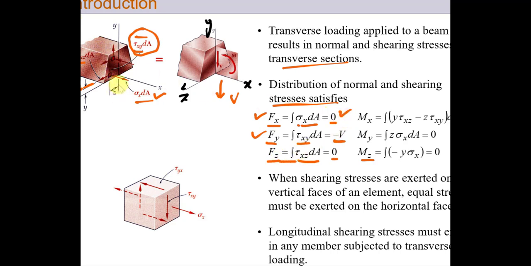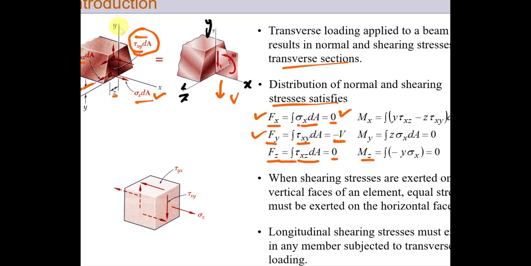Also, you can see the moment that is produced due to this normal stress, which is equal to sigma x dA, and the perpendicular distance is z.